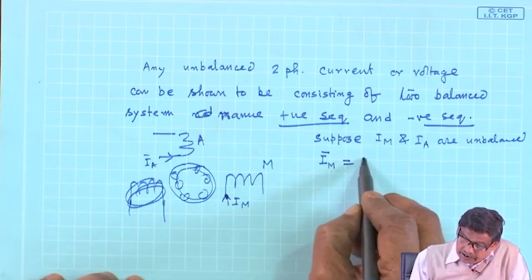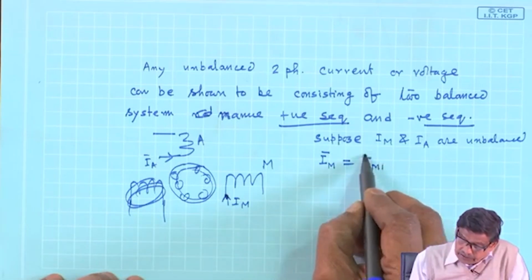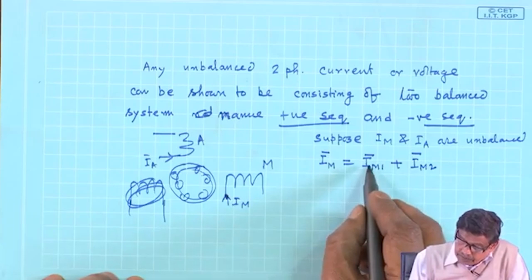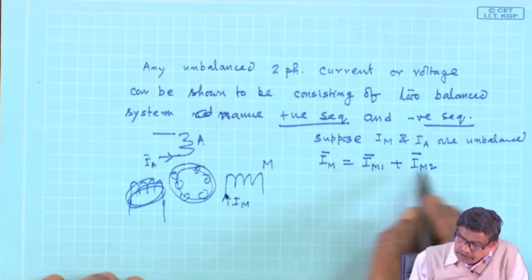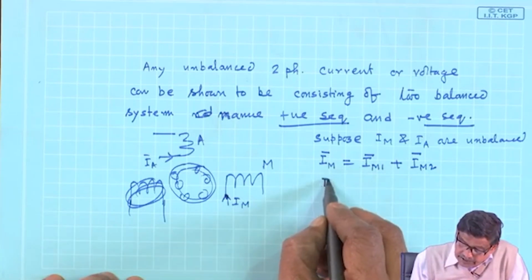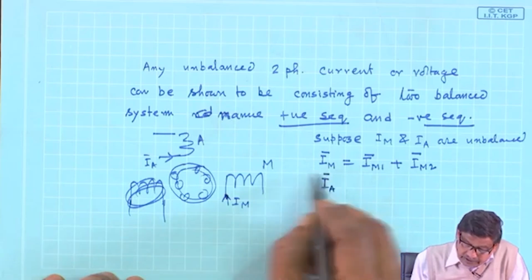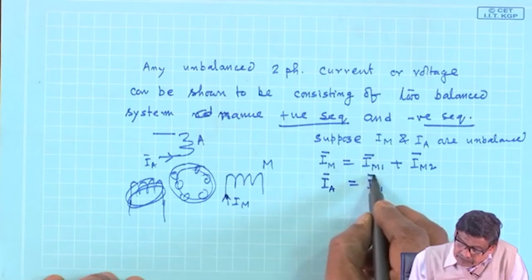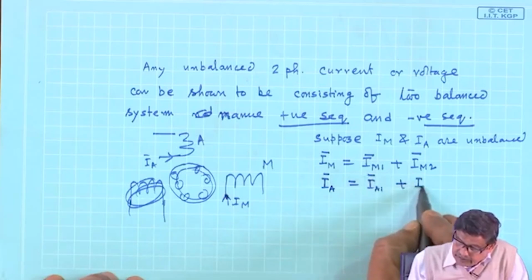Then IM can be written as IM1 plus IM2. This is the positive sequence IM1, this one negative sequence, and the auxiliary winding current, that is this current, is IA1 plus IA2.